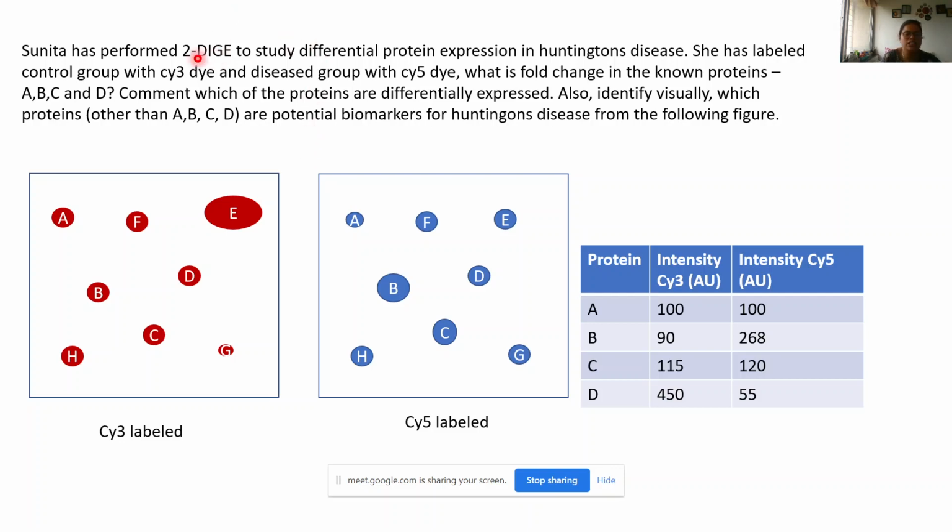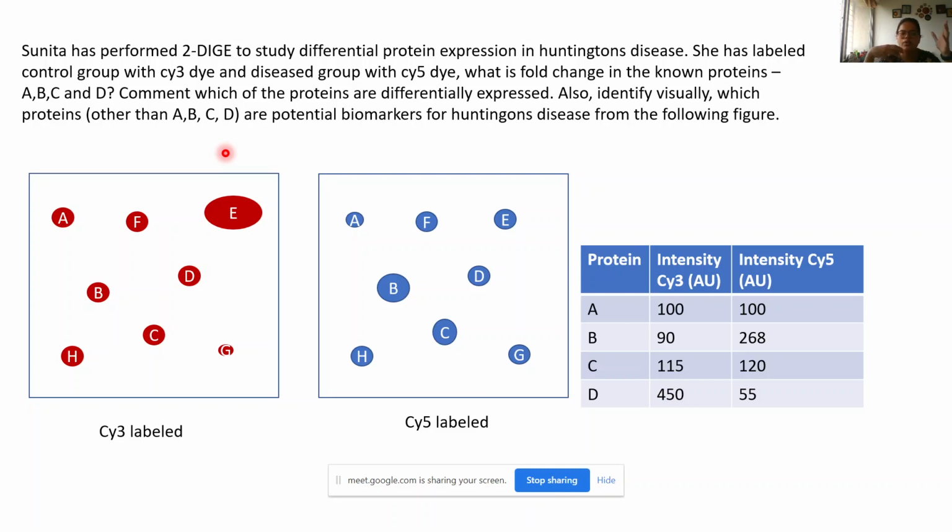DIGE is a very useful gel-based technology wherein you can study differential protein expression. First you separate the proteins based upon isoelectric focusing, and then in the second dimension you are adding these different kinds of dyes.